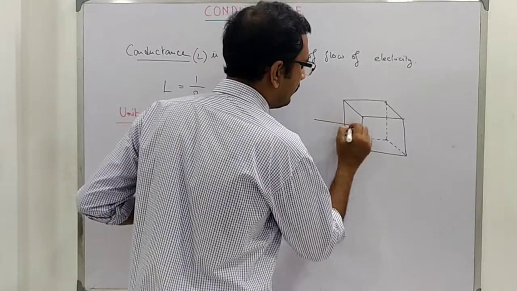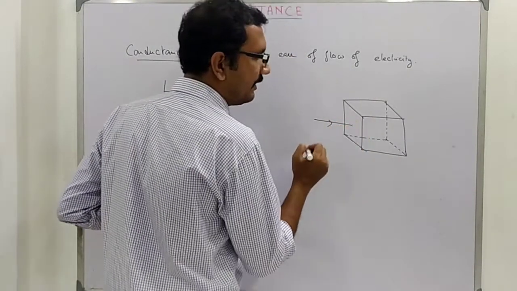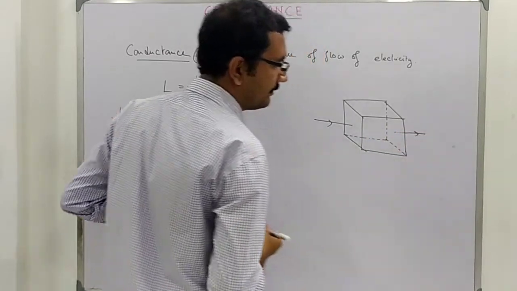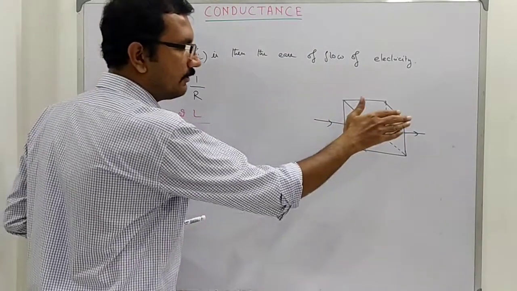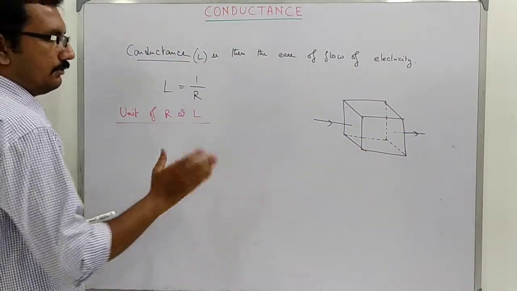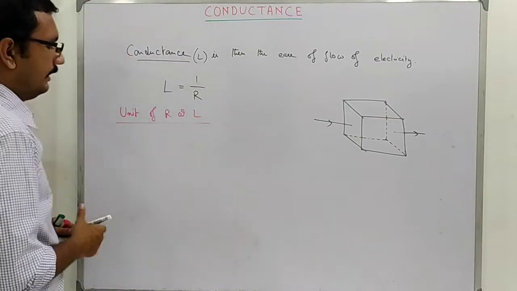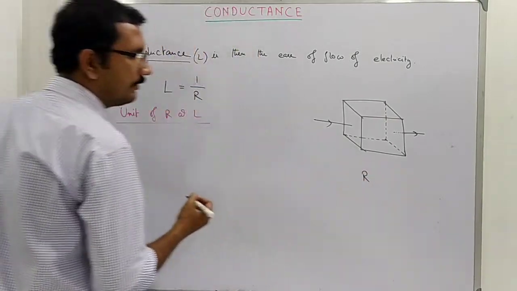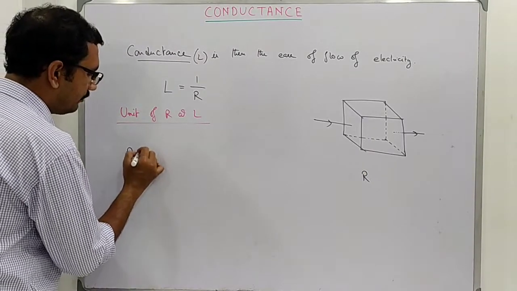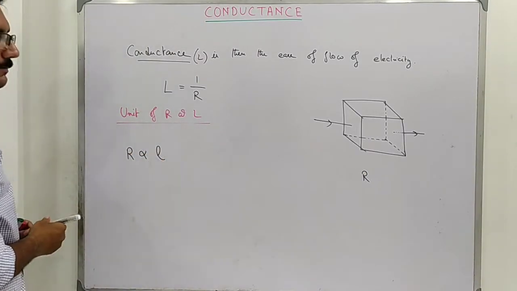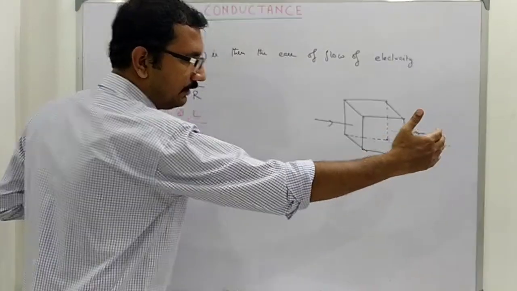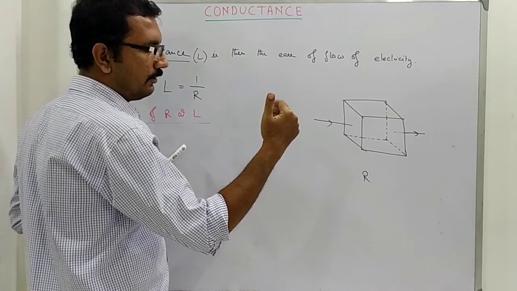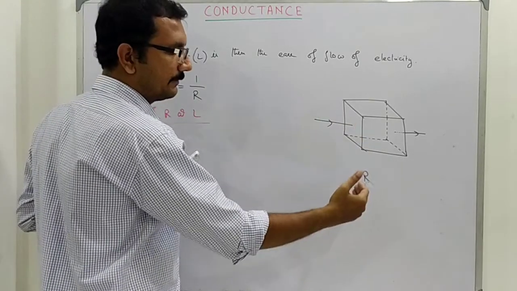So, we consider that current is entering through this phase and is coming out through this phase. So, it is crossing this conductor through the two opposite phases. Now, the resistance R that is offered by this conductor is proportional to the length of the conductor. So, more the length, more will be the extent of the obstruction.